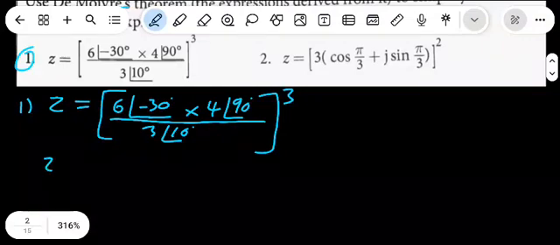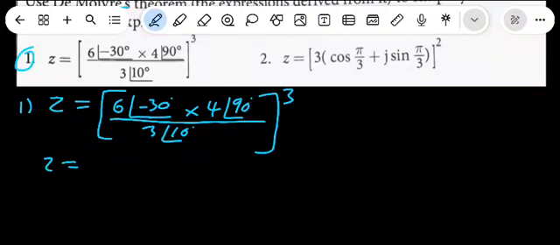So z will be equal to, let's multiply the coefficients: 6 multiplied by 4 is 24. That is our r.